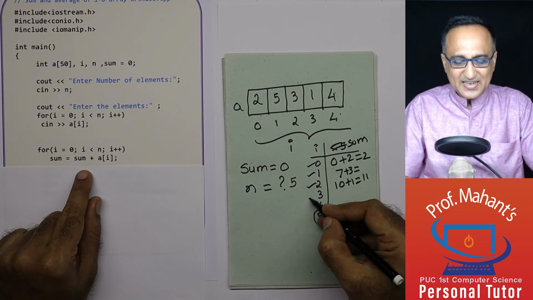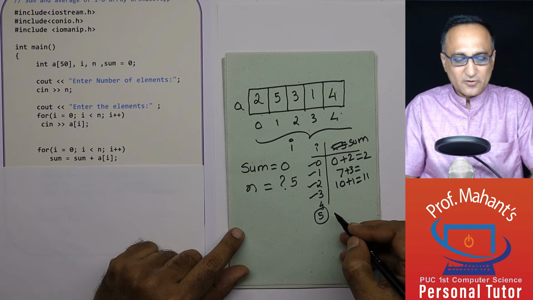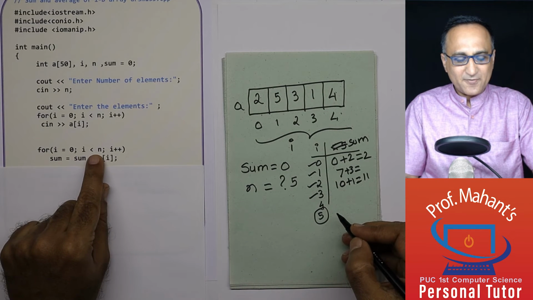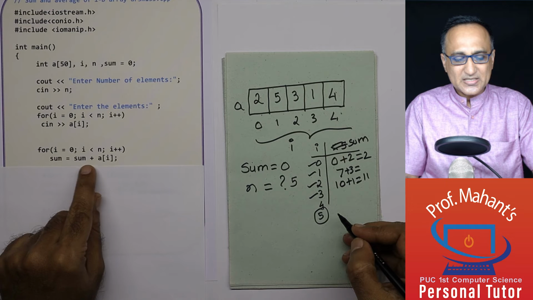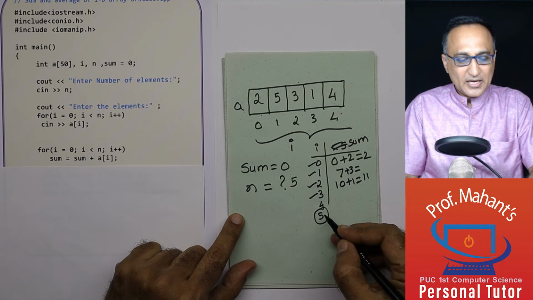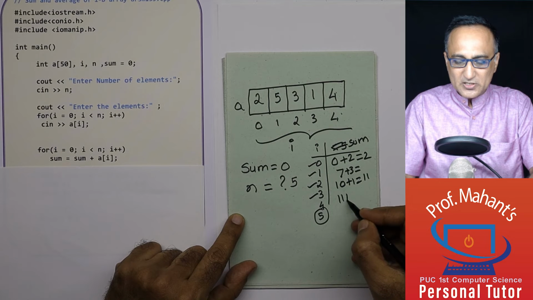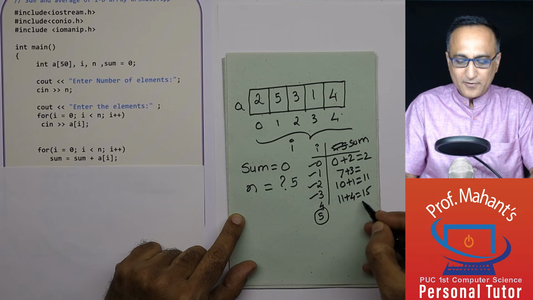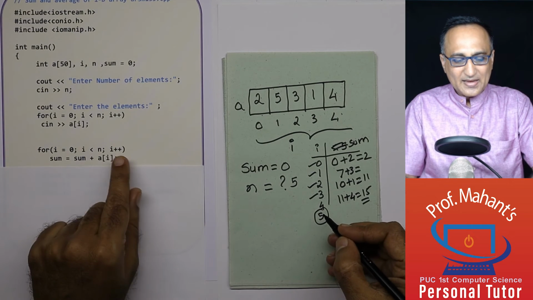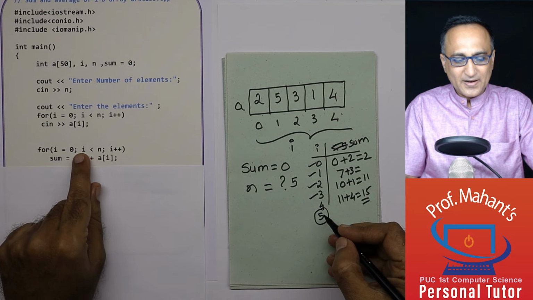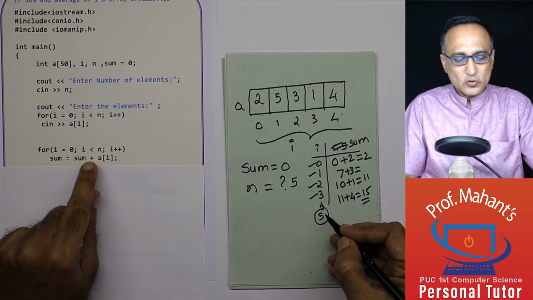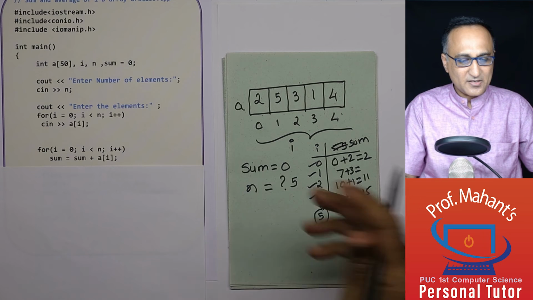Then I is again increased by 1. I becomes 4. 4 is less than 5. Sum is equal to sum plus A of 4. A of 4 happens to be what? 4. So 11 plus 4 is equal to 15. Now I has increased and become 5. 5 is not less than 5. So this loop has completed execution.